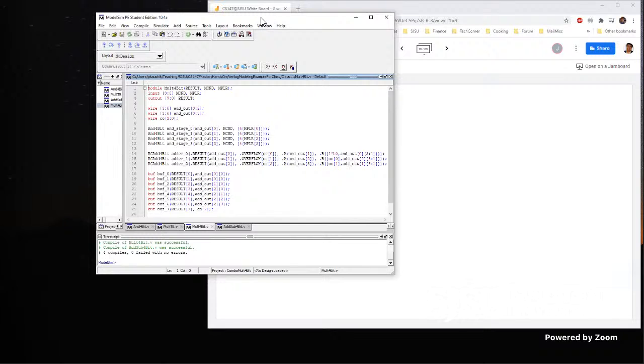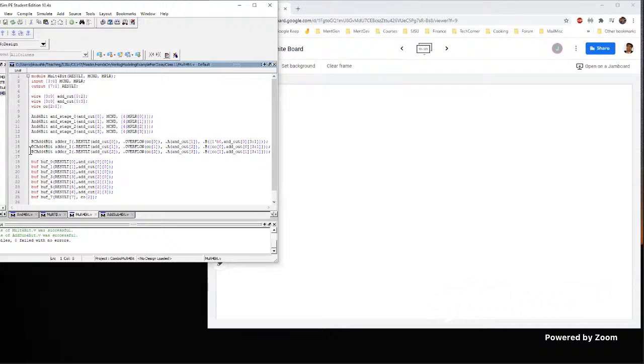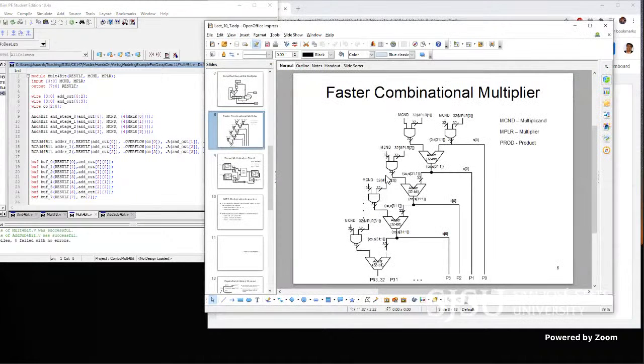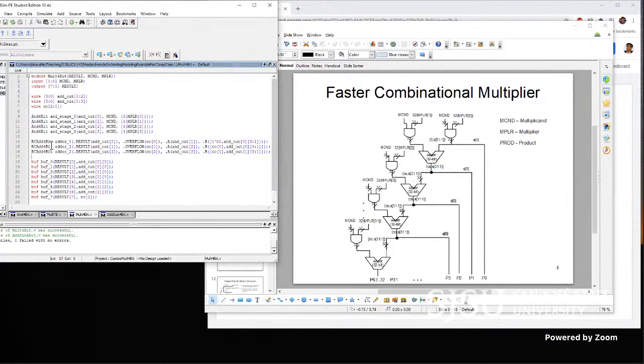Then let's discuss this part. It uses 4 stages of AND, similar to here where they are using 32 stages of 32-bit 2-input AND, one for each stage, and then it uses 3 of the 4-bit adders for the 4-bit multiplier implementation.